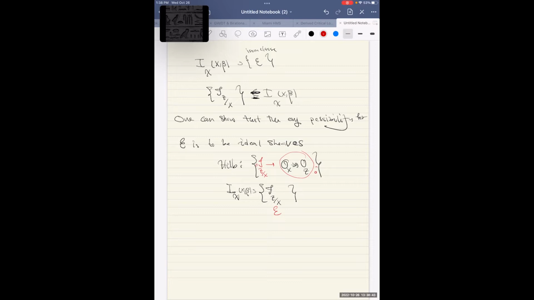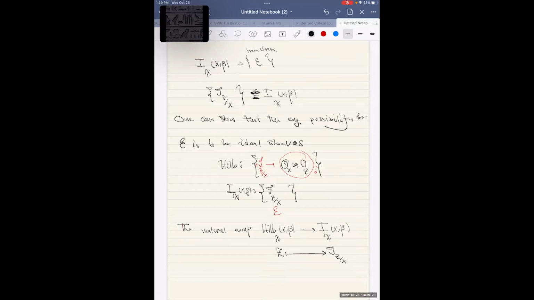There is the natural map, the natural map from the Hilbert scheme X beta to the moduli space of ideal sheaves X beta, which takes a subscheme, since the Hilbert scheme parameterizes subschemes, to the ideal sheaf of the subscheme.